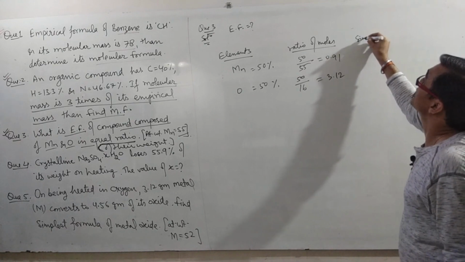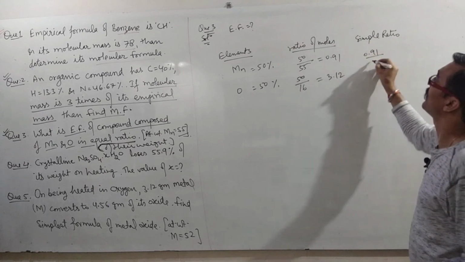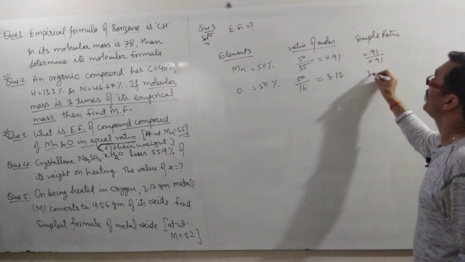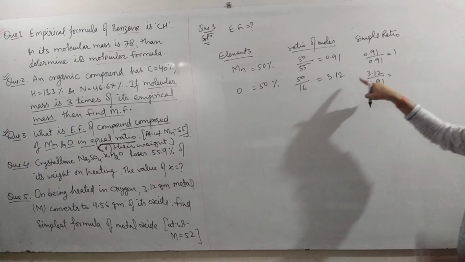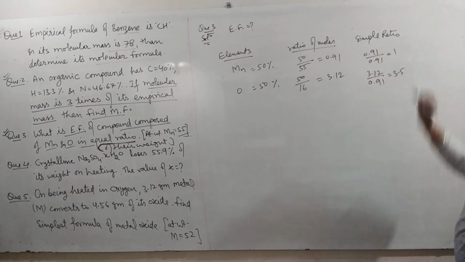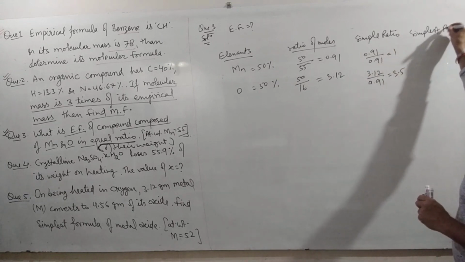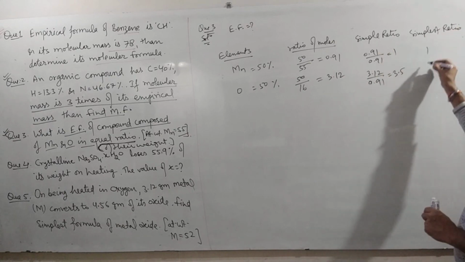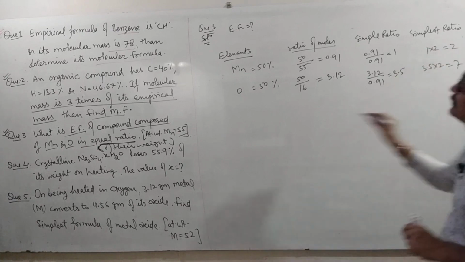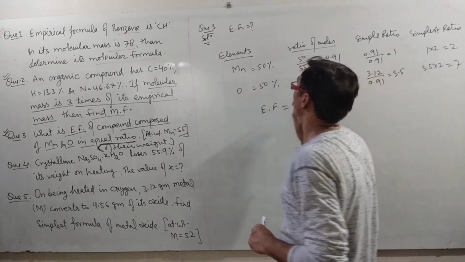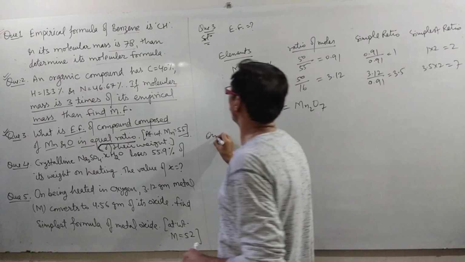So the simple ratio: 0.91 divided by 0.91, the smaller number, is 1, and 3.12 divided by 0.91 is almost 3.5. So the simplest ratio is 1 into 2 and 3.5 into 2, that is 2:7. So the empirical formula of the compound will be Mn2O7.